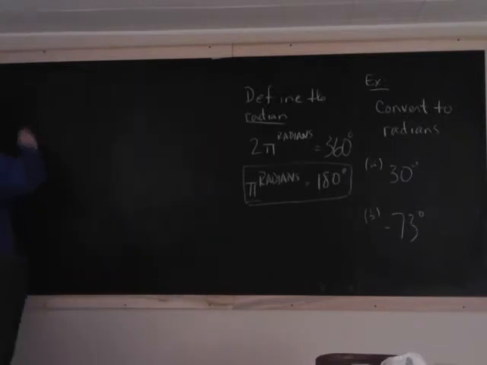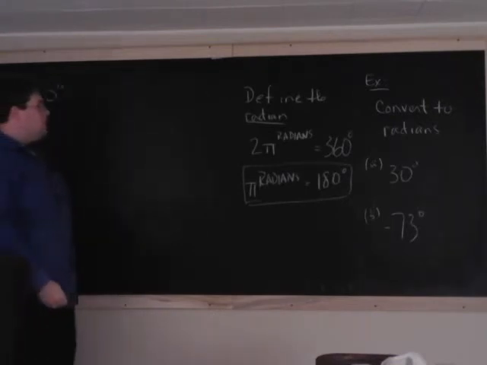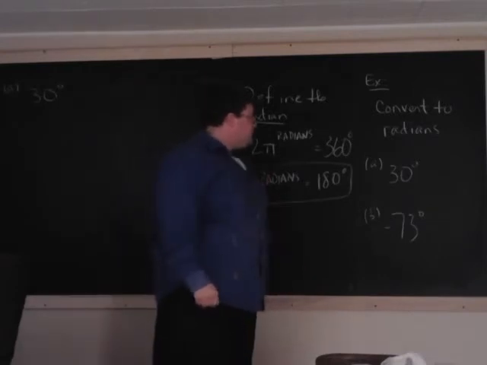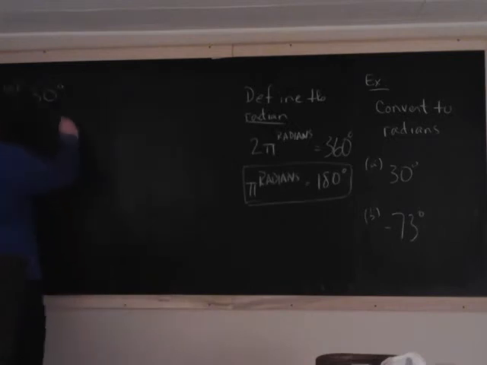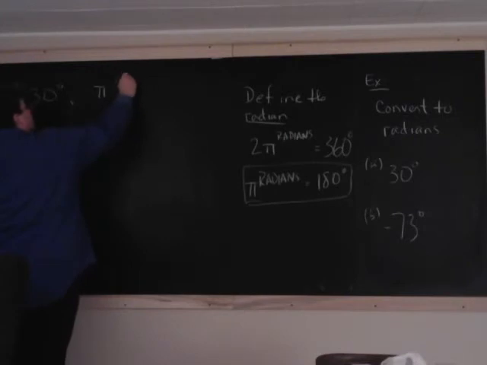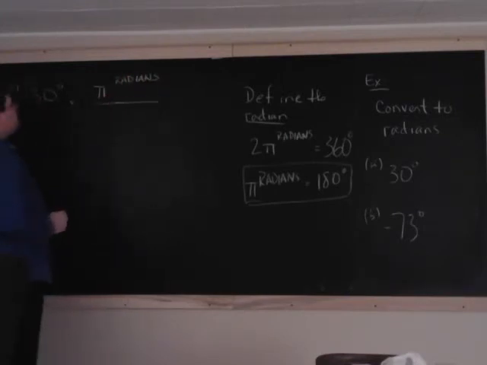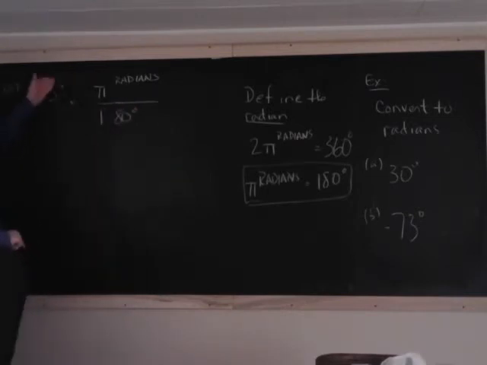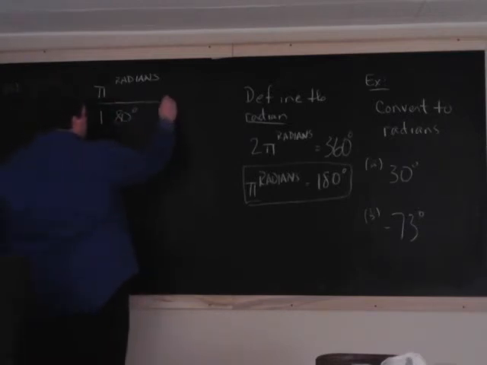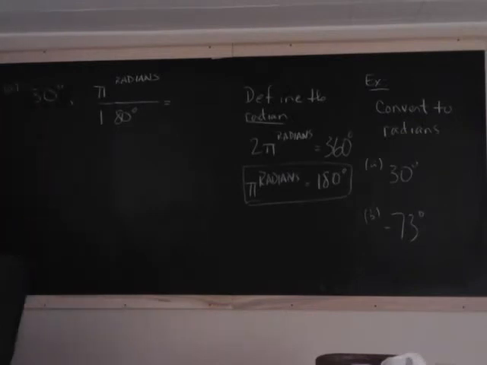So first for 30 degrees, well, we have 30 degrees. So if we want to cancel degrees and be left with radians, we'll divide by degrees and multiply by radians. So pi radians divided by 180 degrees. So here degrees are going to cancel, those units will cancel, and we'll be left with radians. 30 divided by 180.